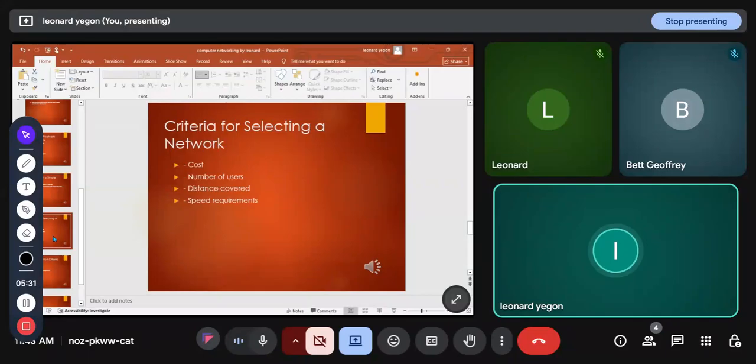For you to select a network, you are supposed to consider the cost, if you are able to obtain it. For example, the budget. You are supposed to come up with a budget before installing a network, the budget which you are able to accomplish.